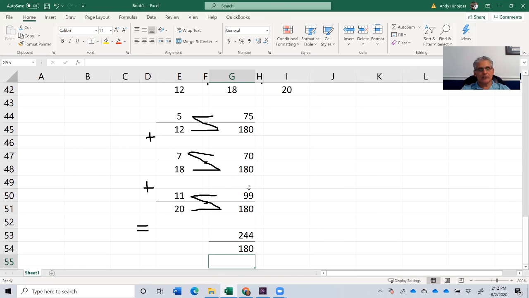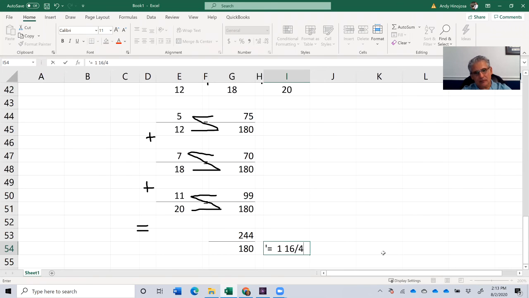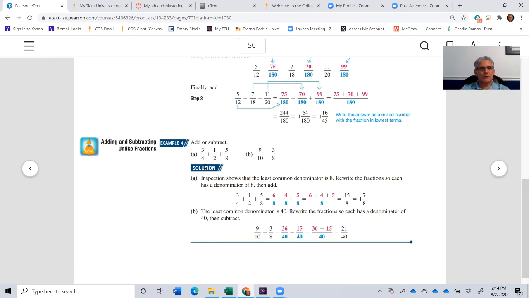The 180 carries down from the denominator of the previous fractions. From here, we convert the improper fraction to a mixed number, and the result is going to be 1 and 16 over 45.